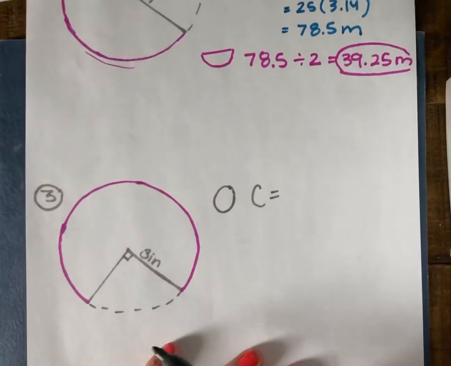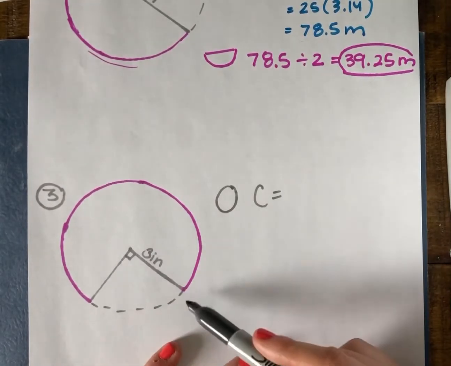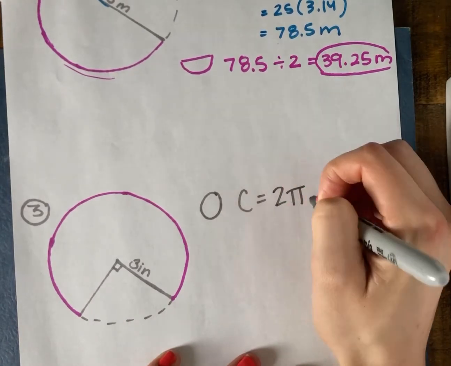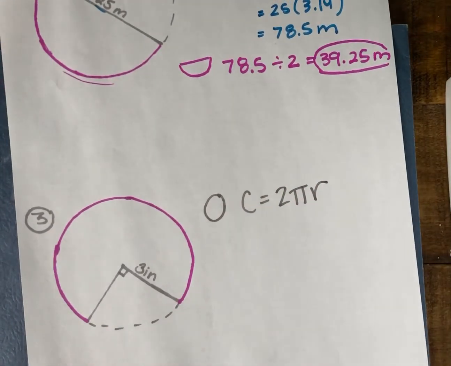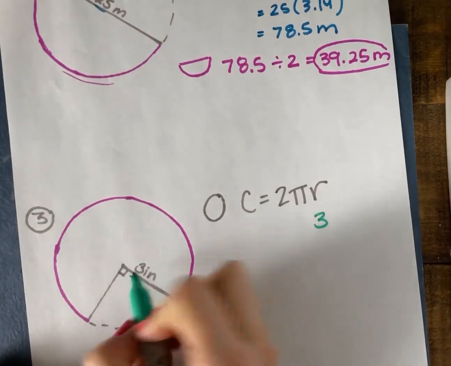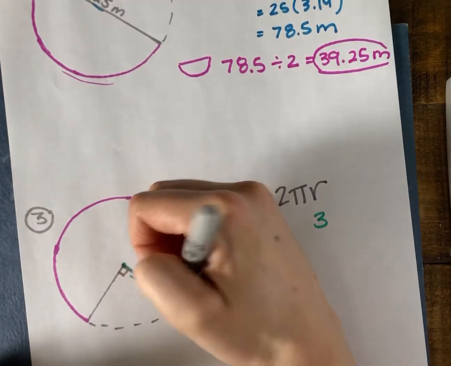But in our circle, they give us a radius going from the center out. So I'm going to use the formula that has radius in it. And I'm going to fill in that formula with the radius of 3 inches, because that is what they measured.